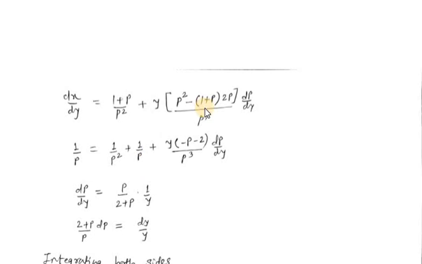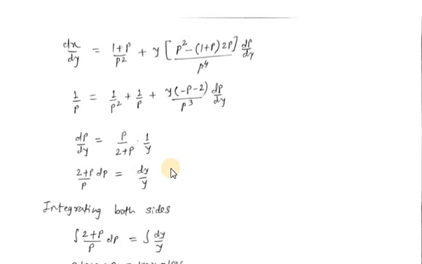Now we have to simplify this result, taking p common, and one time p will cancel out, so in the denominator we will be having p cube, so it will become p minus 2 minus 2p, minus 2p plus 1p, it will become minus p and minus 2. This dp by dy and y will be as it is.